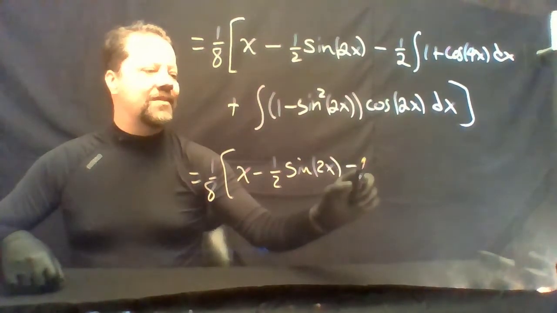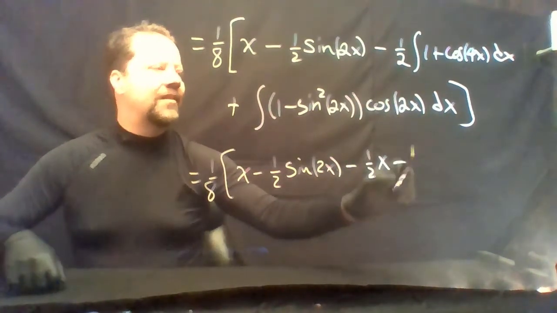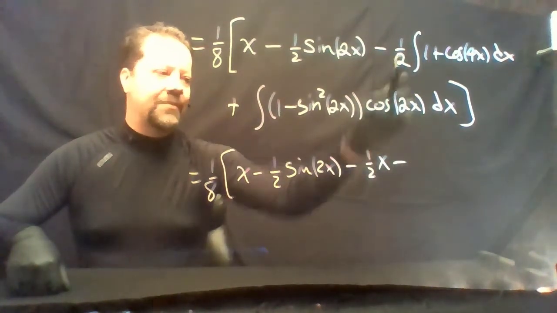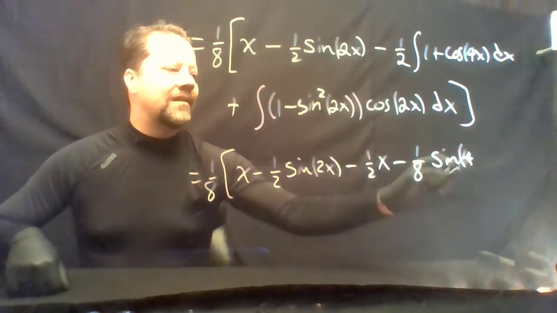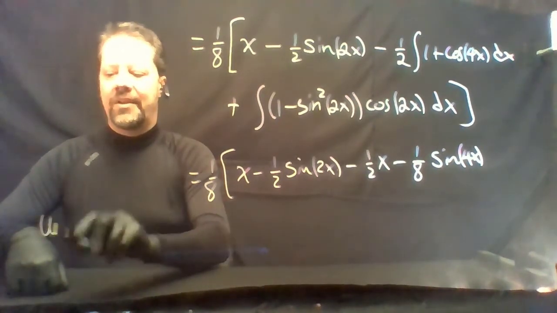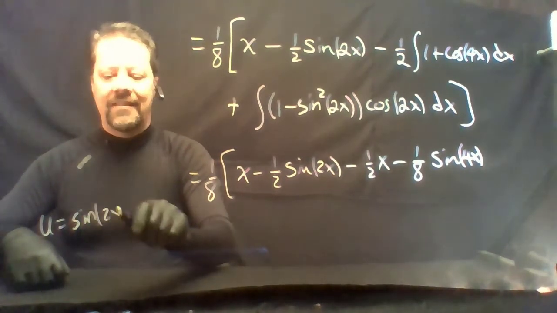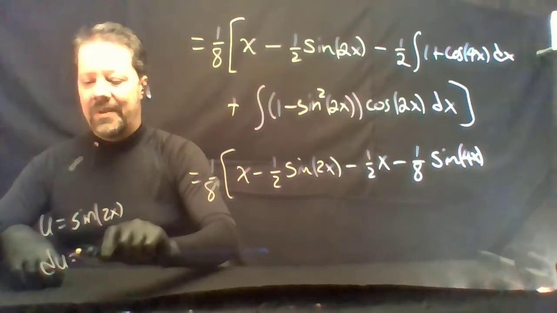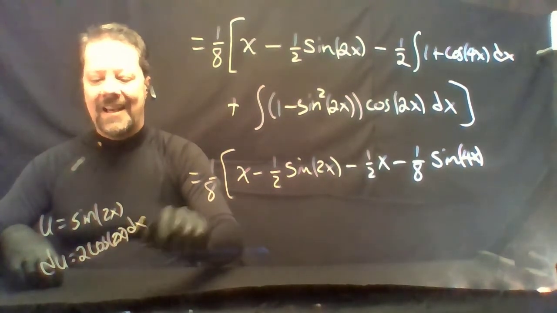Here we'll have minus 1/2 x. We'll have to distribute the minus, and we'll get a 1/4 times 1/2 is 1/8 sine of 4x. And then on the last term, u is the thing that has its derivative. du is twice cosine of 2x dx.